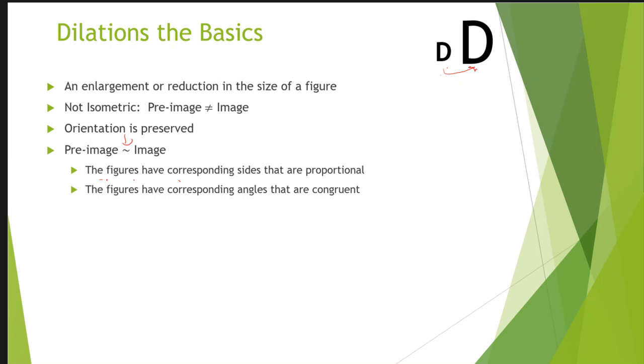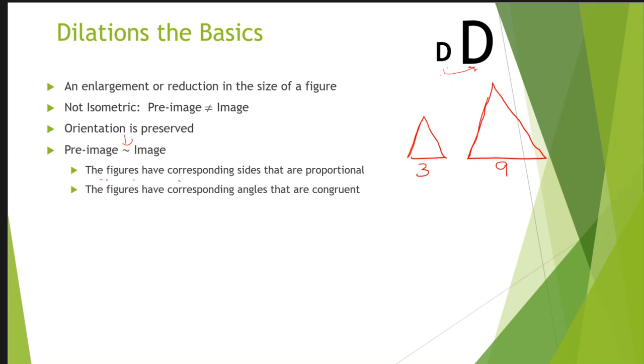What similar means is essentially that they are proportional. The figures have corresponding sides that are proportional. You guys have dealt with proportions a few times in middle school and algebra 1. It means that if this was 3, this could be, let's say, 9.